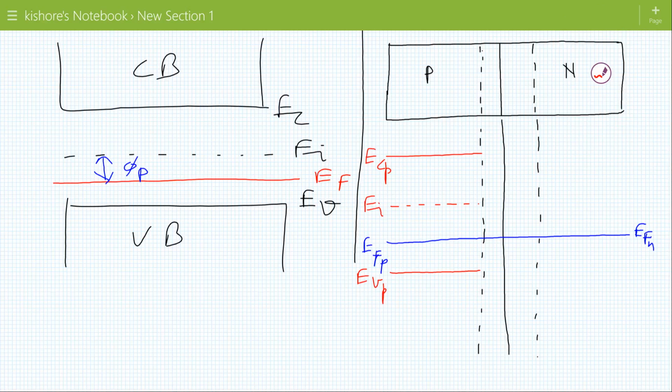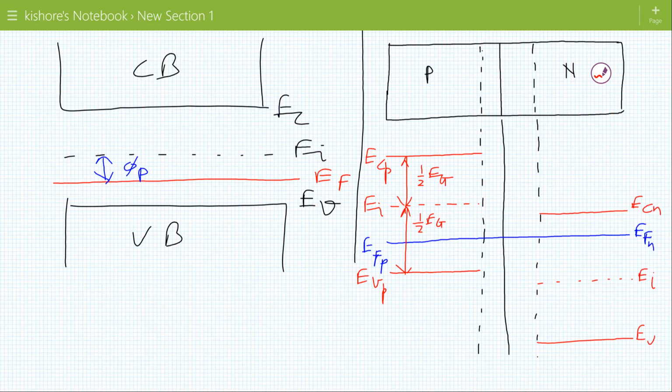The gap between EC and EV is EG, and this is half of EG. This gap is 1/2 EG. This is the position of conduction band in N-type semiconductor. Intrinsic energy level is here, and this is EVN.